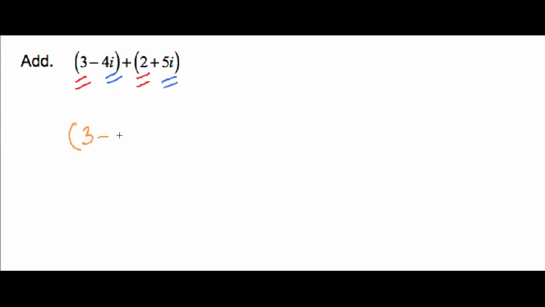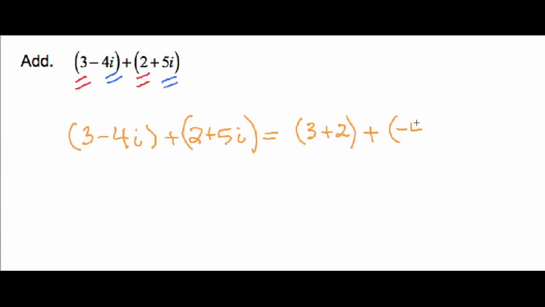So 3 minus 4i plus 2 plus 5i would be evaluated by adding the real components, 3 plus 2, and then the imaginary components, negative 4i plus 5i. 3 plus 2 is 5, and negative 4i plus 5i is i, and we end up with 5 plus i.